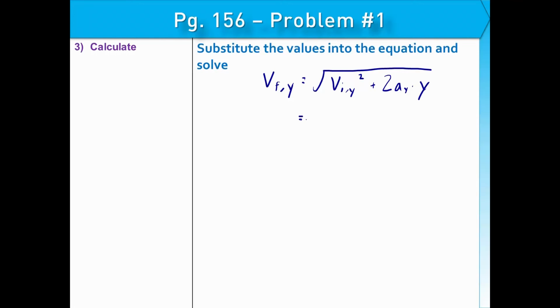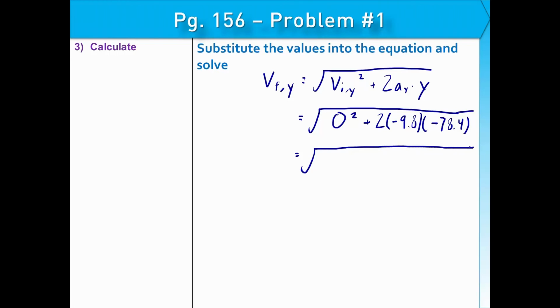I'll go ahead and plug in my values then. I'll plug in initial velocity, which is going to be 0, very nice, plus 2 times the acceleration, negative 9.8, times negative 78.4 meters right here. I'll go ahead and simplify the equation. 0 squared just becomes 0. You have a negative times a positive, you're going to get a positive number.